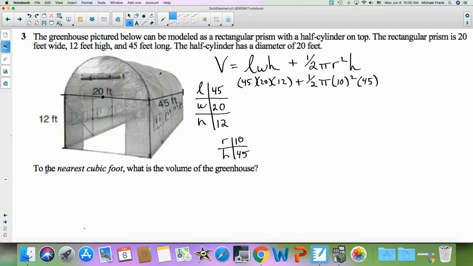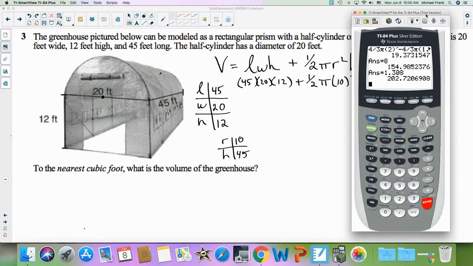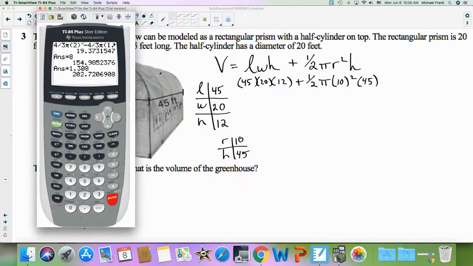And now, since we're rounding this off to the nearest cubic foot, let's go to the calculator. Let's clear this out. It's getting a little confusing there. So 45, I'm not going to put the parentheses for those, times 20 times 12.